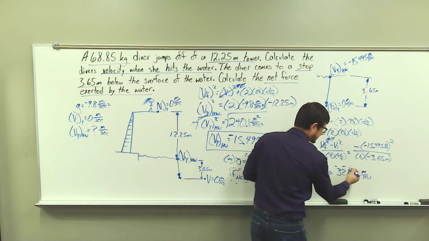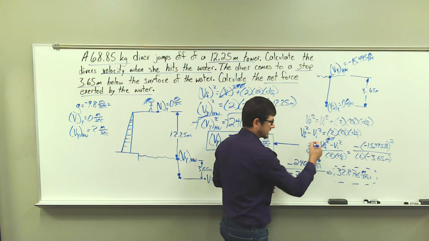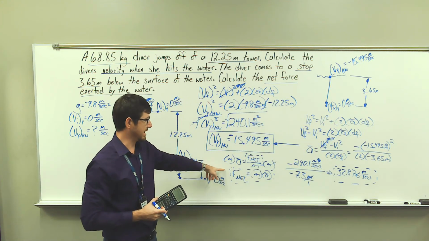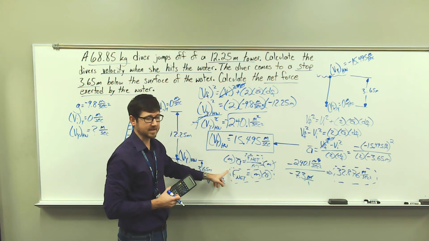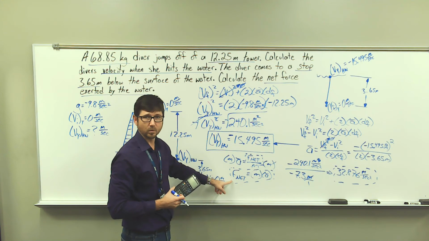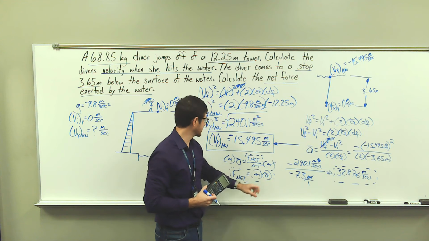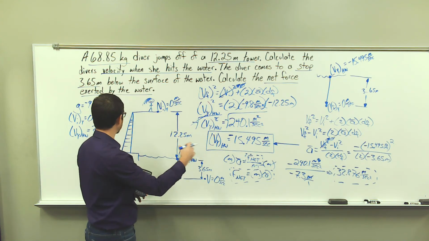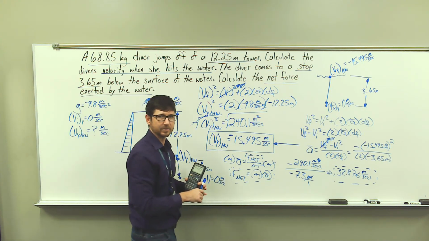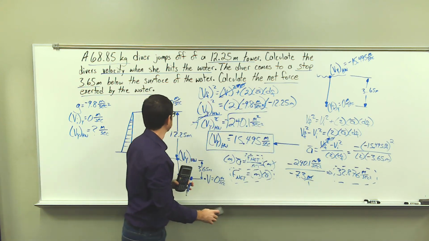So we need to use this value for acceleration. I want to come back to this Newton's second law here. So net force is equal to the product of the object's mass and acceleration. And I'm running out of room here, so I'm going to go ahead and erase the diagram.